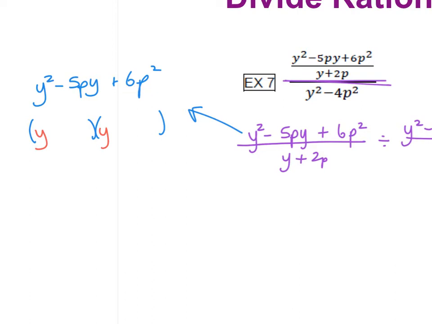All that means is that your number is going to get a p, and because this was just a y squared, we can do that shortcut factoring where we say what are factors of 6 that add up to negative 5. Because it's factors of a positive 6, I know both of our factors will be negative, so I'm going to put minus signs. Negative 2 times negative 3 is positive 6, and negative 2 plus negative 3 is negative 5. But anyway, that is factored.